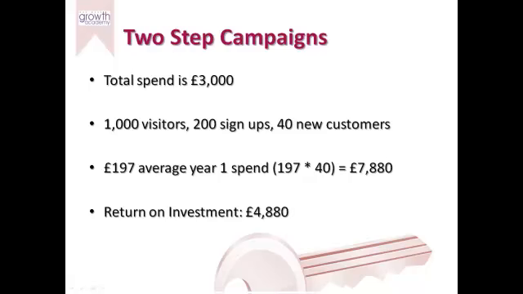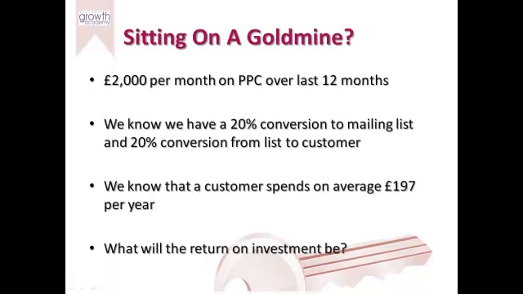So we know once they become on board as a customer, we're going to make £197 income out of them. 197 times 40 gives you just under £8,000. We spent £3,000, so we make just over £5,000. So we spent £3,000, £8,000 came in, we made just under £5,000. That's how you measure your return on investment on a campaign like that. You just need to be more long-term about it.